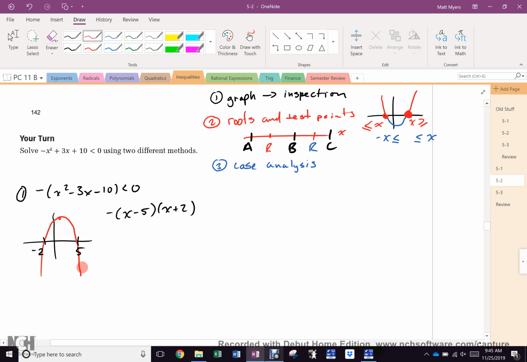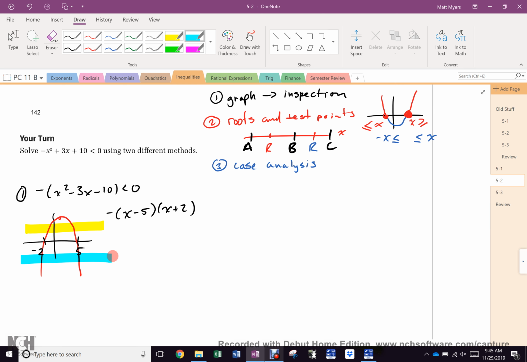Where is that? What sign is that one? Less than. Where is this parabola less than 0? Is it the yellow or the blue? The blue. Where does the blue region begin?